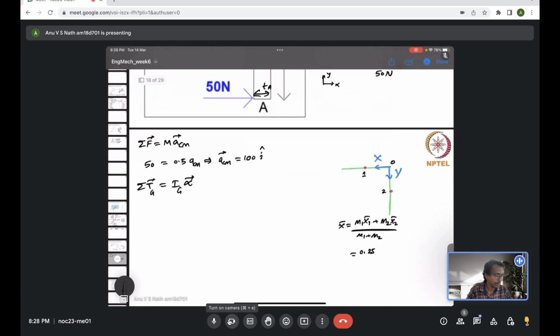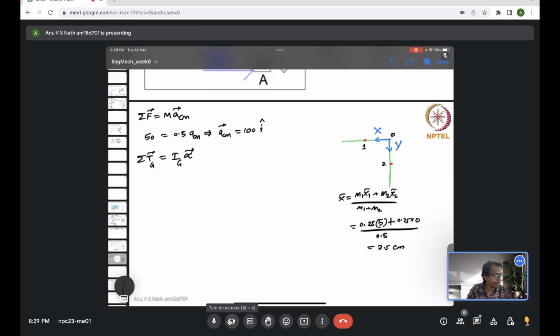So I will write 5 centimeter, plus the mass of the second body, again 0.25 kilogram, times x2 bar. Now you see point 2 measured from O, how much distance apart in the x direction? You can see 0 distance because they are on the same line, divided by the total mass, which is 0.5 kilogram, and you will see it's just 2.5 centimeter measured from O.